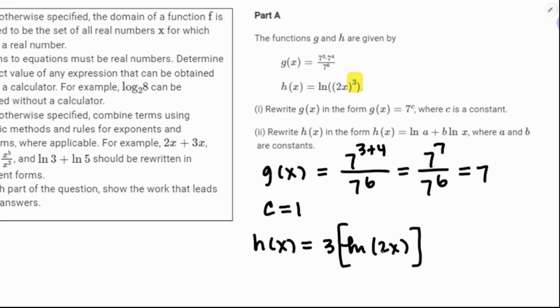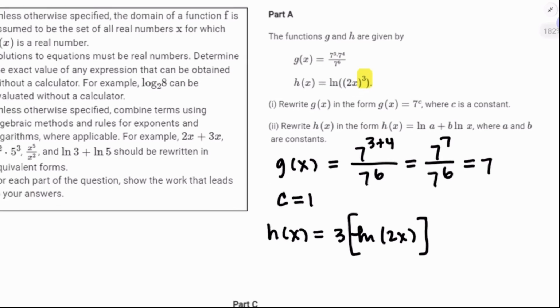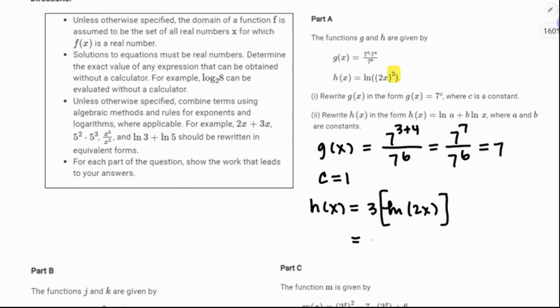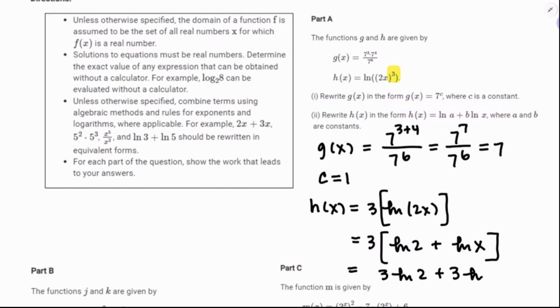Then inside, I've got a multiplication in my argument, so I'm going to write that as the sum of 2 logs. Also, they prompted me for a sum of 2 logs. But there's kind of a trick here, because we're still multiplying the whole thing by 3. So that's going to be 3 log 2 plus 3 log x.